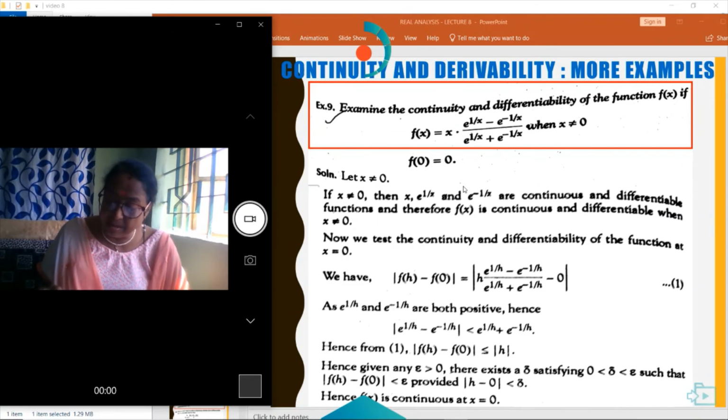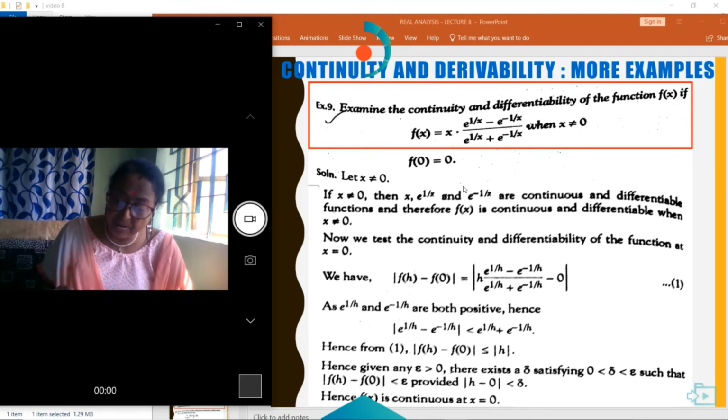Now, test the continuity and differentiability of the function at x equal to 0. Here, f(h) - f(0) can be written as h (e^(1/h) - e^(-1/h)) divided by (e^(1/h) + e^(-1/h)). Here, e^(1/h) and e^(-1/h) are both positive.